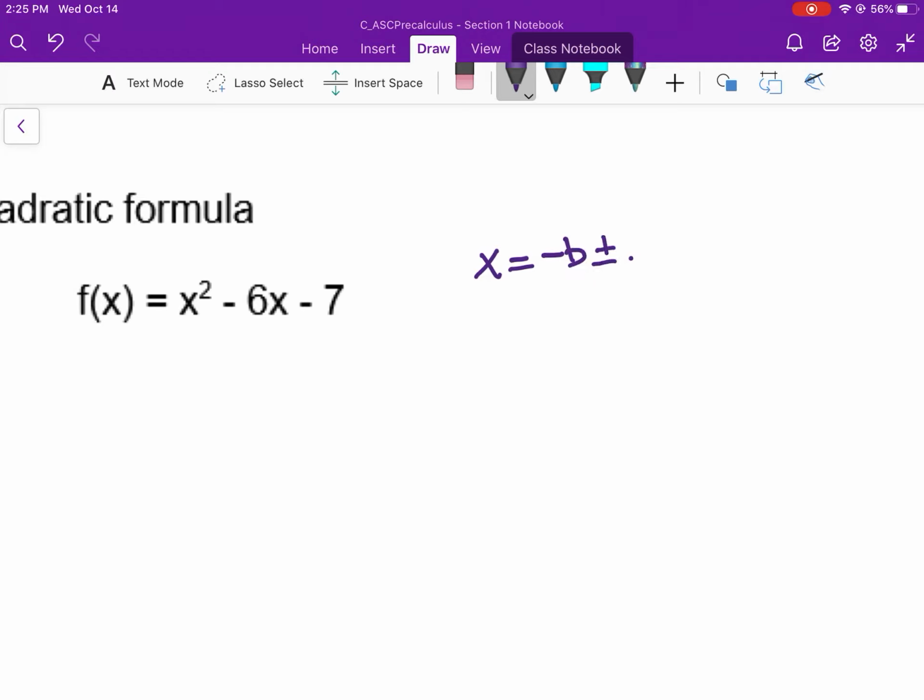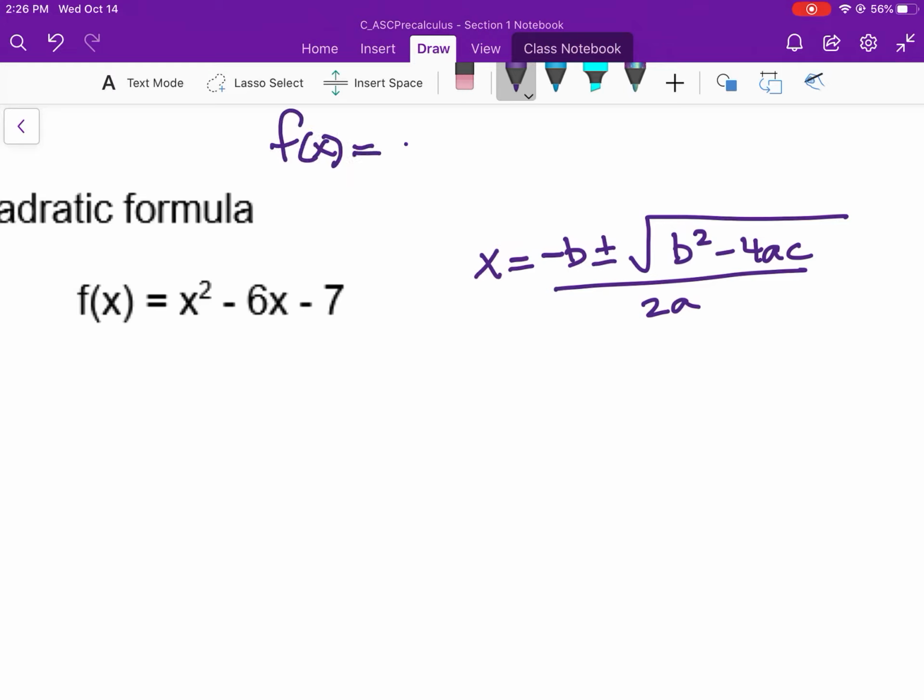X equals -b plus or minus the square root of b squared minus 4ac all over 2a. Remember, the general form of a quadratic is ax squared plus bx plus c, this is the a, b, and c. Now this, you can sing Pop Goes the Weasel to it.